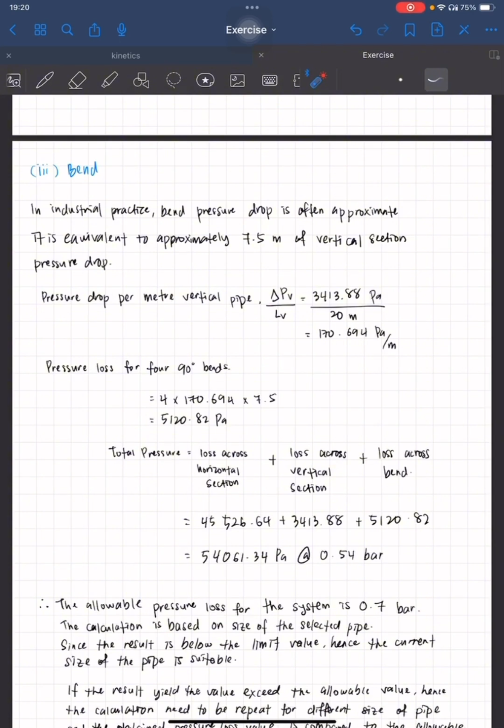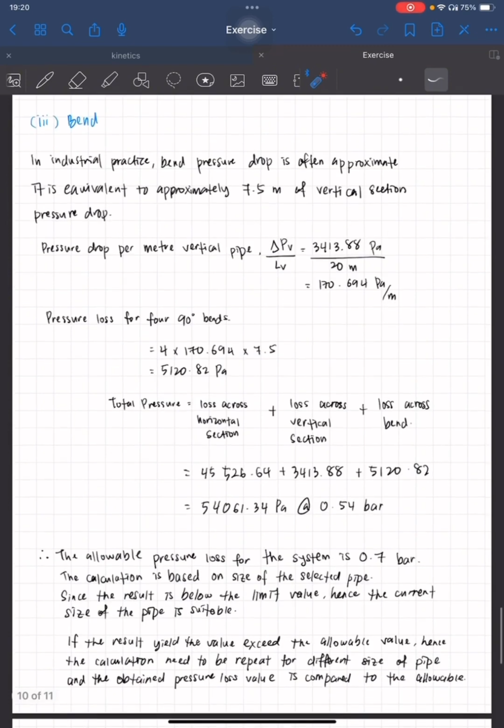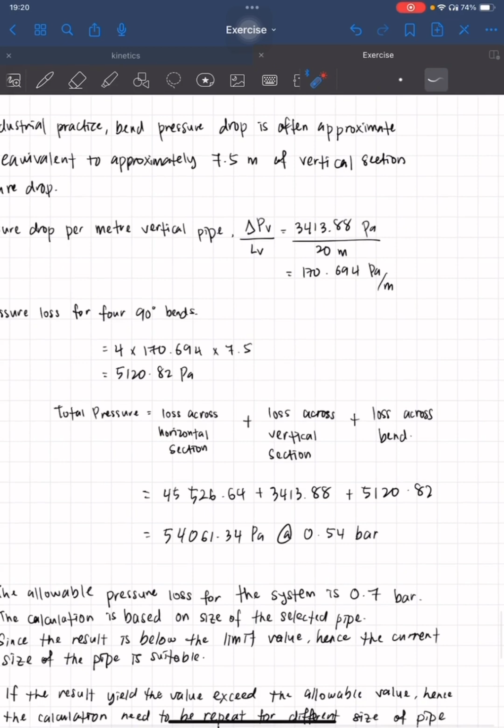Hence, first we need to calculate the pressure drop of the pipe for each meter. So we divide the pressure drop for the vertical section by the length of the vertical section, and then we can get the value of the pressure drop per meter for the vertical pipe.